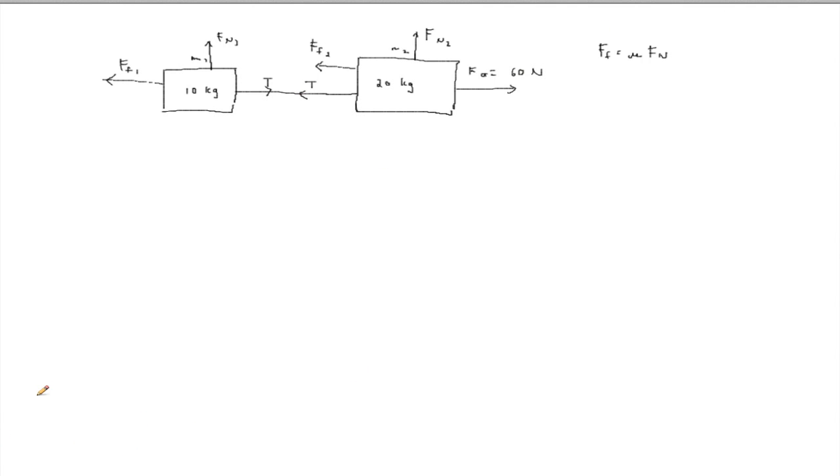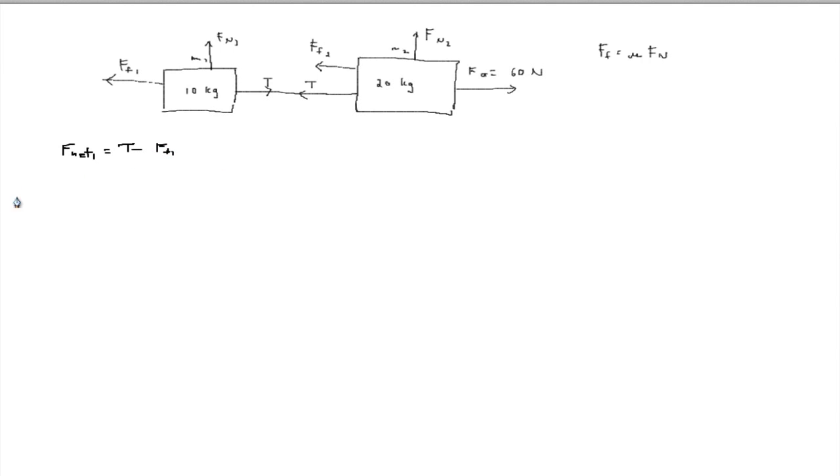So what we need to do first is determine the net force on each mass. So let's do it on mass 1 first. We'll say F net 1 is equal to the tension minus the force due to friction on mass 1.